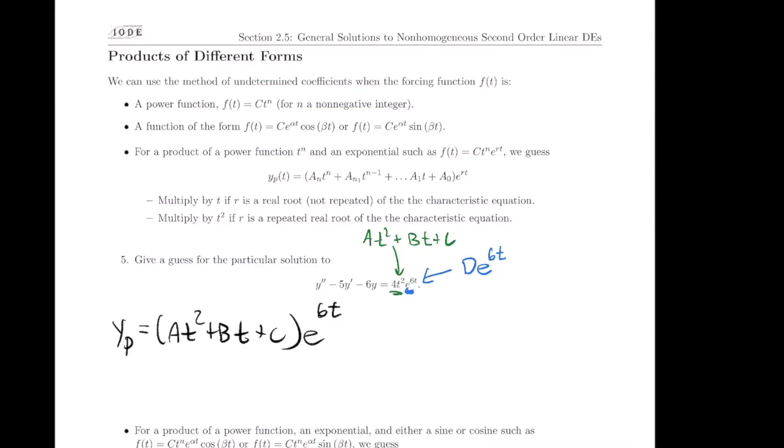So then we see something that we might want to be a little bit careful about with this guess. What would be good to know in order to make sure we've got the right particular solution?